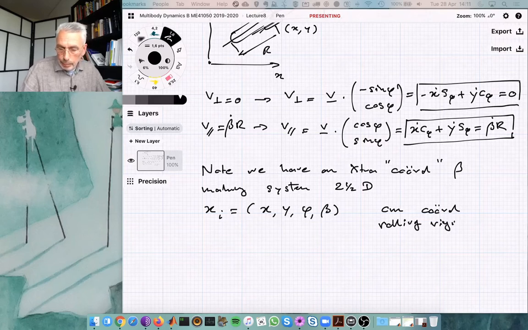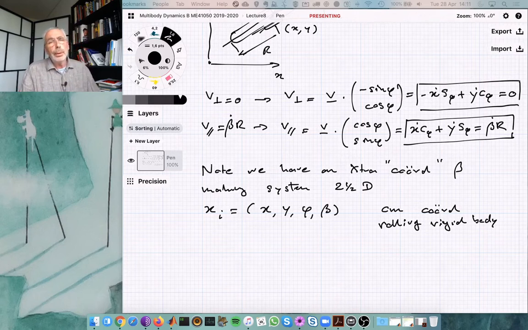Okay, that having defined, now we have these two conditions, but I really want to focus on this no side slip thing, because I want to look a little bit broader. I not only want to look at rolling contact of wheels, but also things like skates. Ice skating is pretty popular in the Netherlands, and there nothing is rolling, but you clearly have a skate on the ice, and the skate cannot move left and right, but can go back and forth.